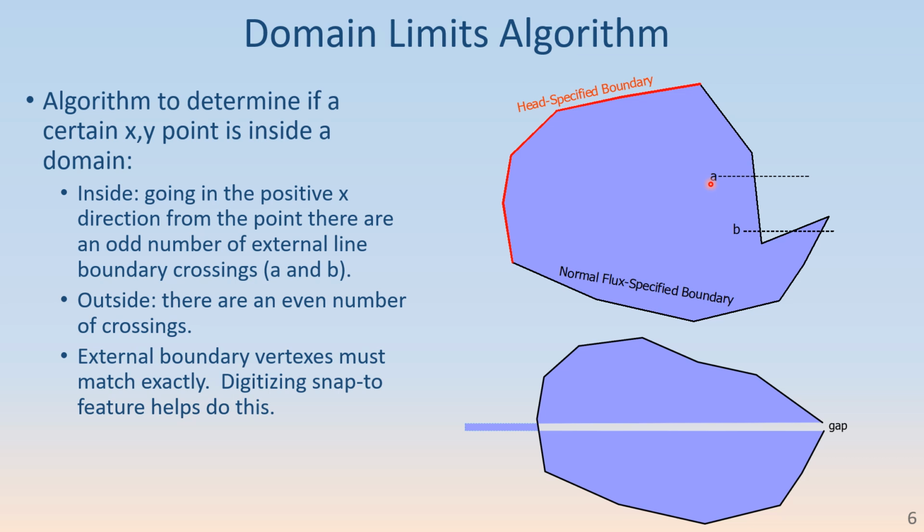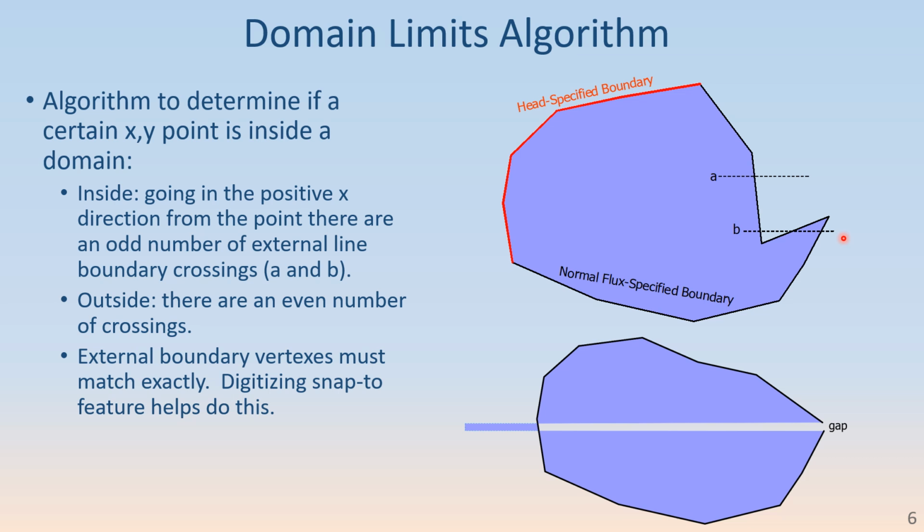Consider point A. If you work to the right in the positive X direction until you're outside this blue domain, you have to cross one external line boundary right there. At point B, if you go to the right, positive X direction, you cross 1, 2, 3 places where you cross an external line boundary.